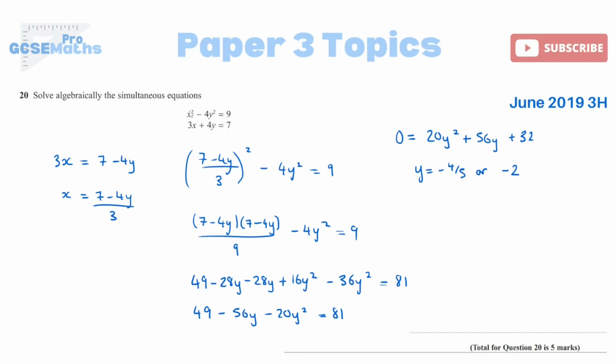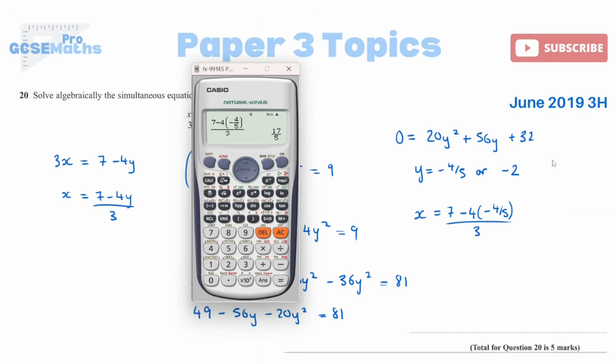Now I don't like to obviously use the quadratic one because that's more complicated, but I'm also not going to use this linear one here. I'm going to use the linear one that I rearranged, because you see how x is already the subject? So if I substitute y in, then I get a direct answer for x. So do that for each y value: 7 minus 4 multiplied by negative 4/5, over 3, and then calculator, which is 17 over 5.